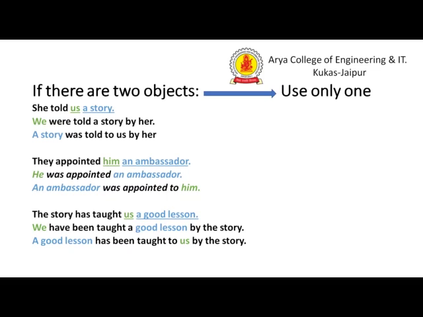And also you can solve this question in this way: A story was told to us by her. The next also you can sort out the same way. So the main thing: if you find two objects in a sentence, you have to solve it with whatever rule you are applying. The main categorization should be like this.